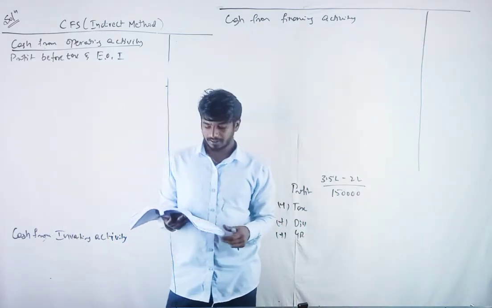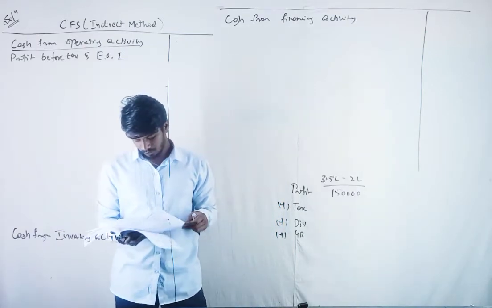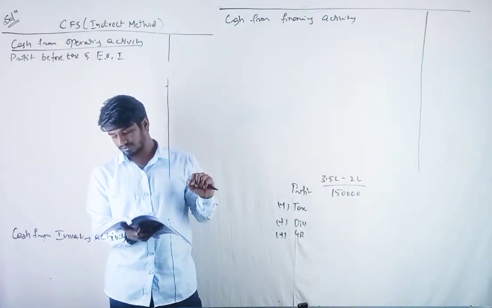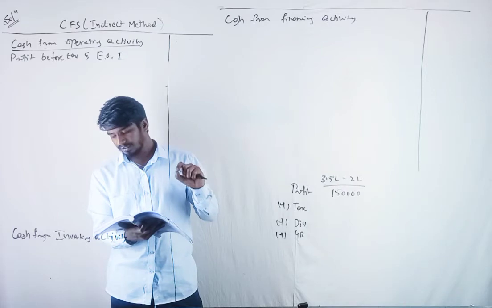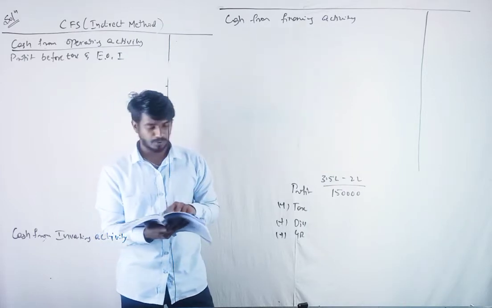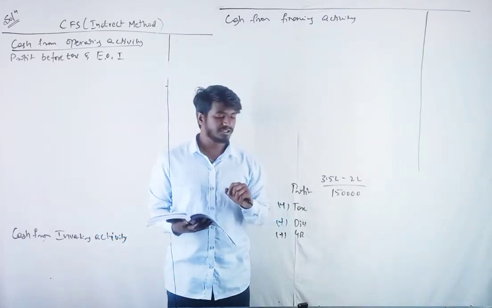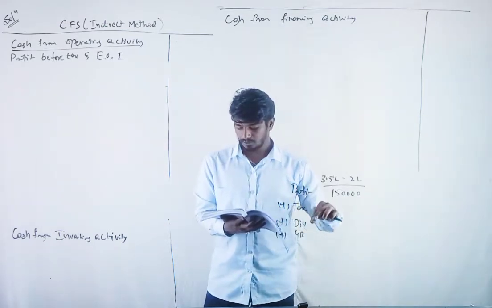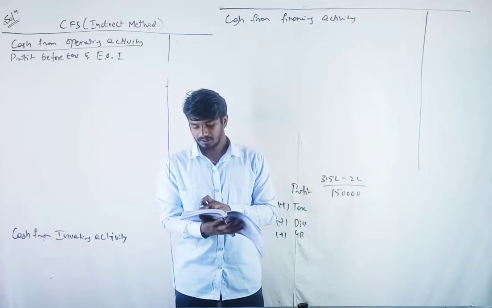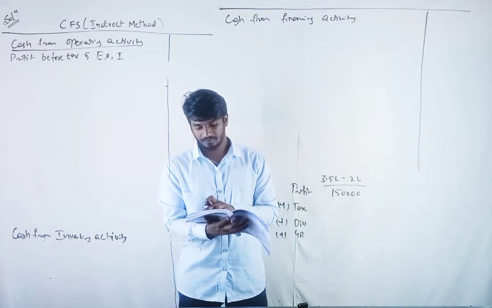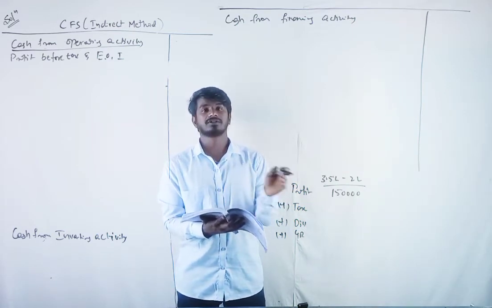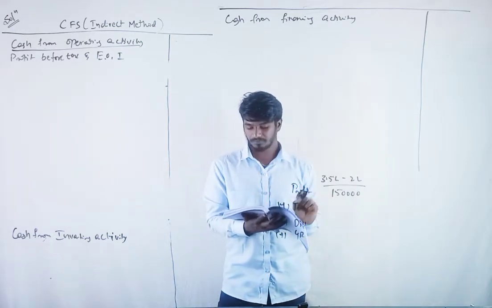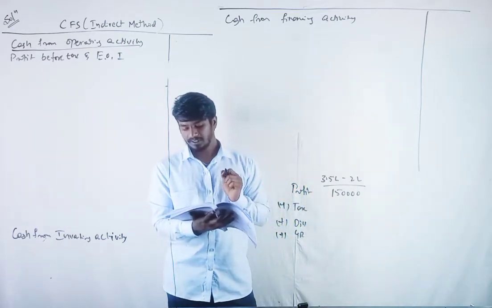Dividend, where will they give it? In the notes to accounts, short-term provisions: proposed dividend and provision for taxation. For the purpose of profit, to get the correct profit, we will add provision for tax, because we kept aside some profit for the dividend and tax.